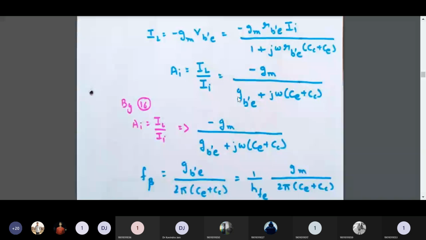This is my AI. Now I want to calculate f beta. What is this f beta?